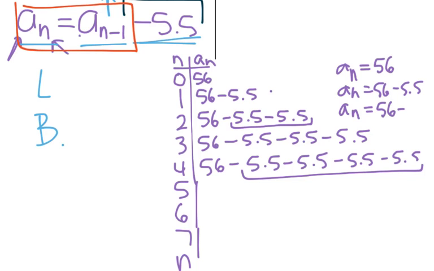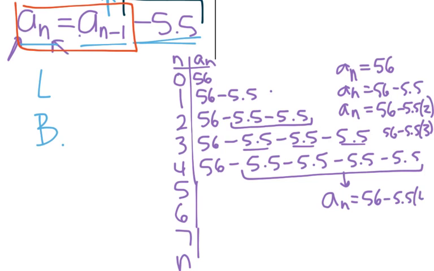And there is. It's called multiplication, right? Multiplication is simply a shortcut of that repeated addition or subtraction. So it would be 5.5 times 2. Okay, the next one would be 56 minus 5.5 times 3, because there's 1, 2, 3 of them. The next would be 56 minus 5.5 times 4. Okay, that'll get me the same result.